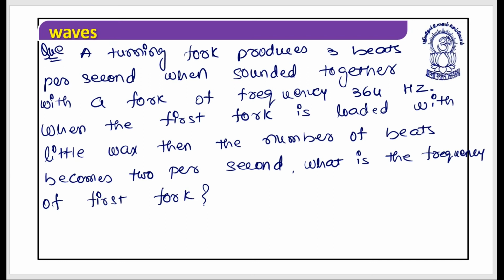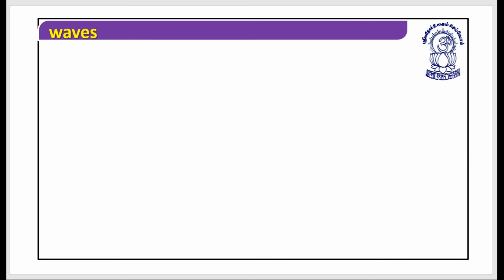They mentioned that the tuning fork will produce 3 beats per second when it's sounded together with a fork of frequency 364 hertz. So basically we are having two forks. One has a value of 364 hertz and the other we don't know. Let's say these are the two forks.